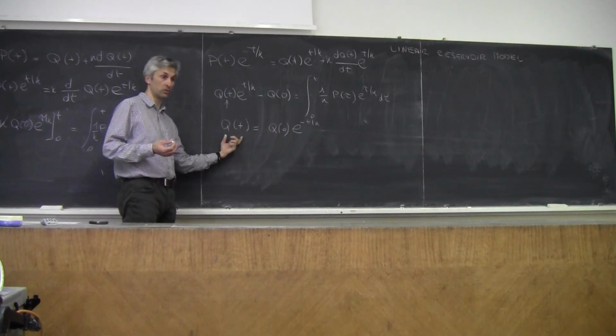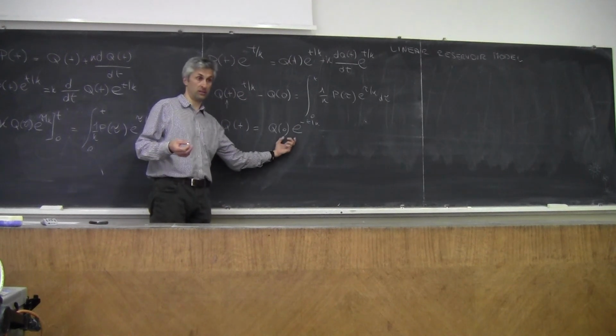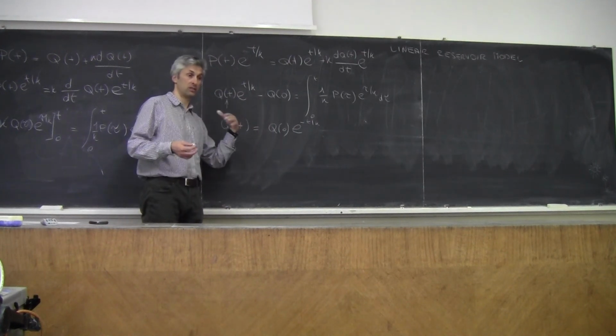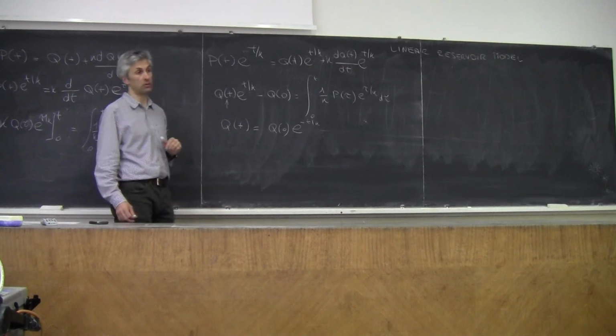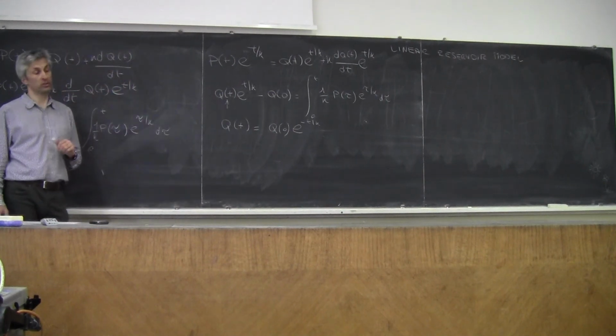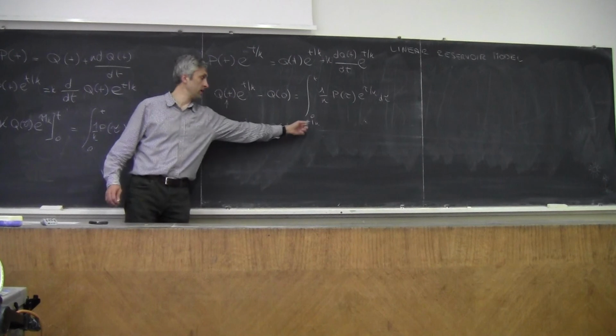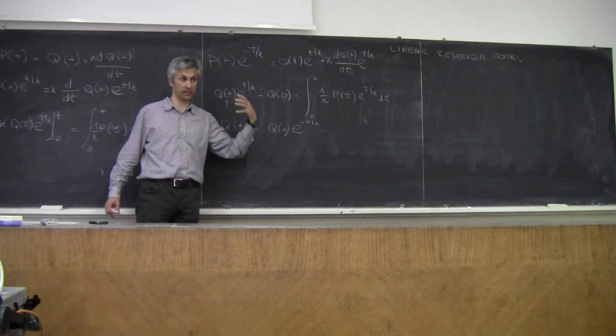If I want to get an explicit relationship for q_t, I have to divide both terms by e to the power of t over k. So here I put the negative exponent, which means that I am dividing.